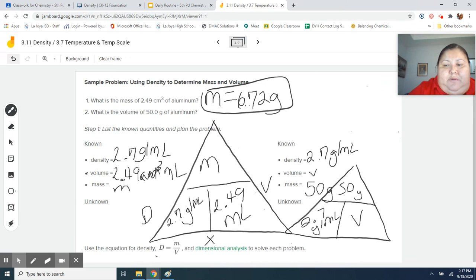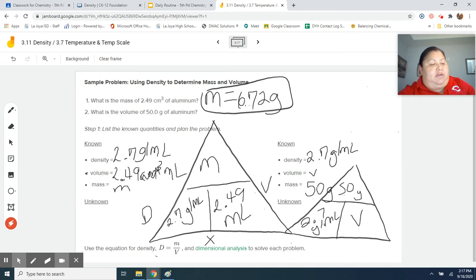Now, remember what happens when we're working with numbers on opposite sides of this horizontal line. You recall? We're going to divide. So we're going to take our top number, not the big number. We're not thinking that way. We're saying top divided by bottom.